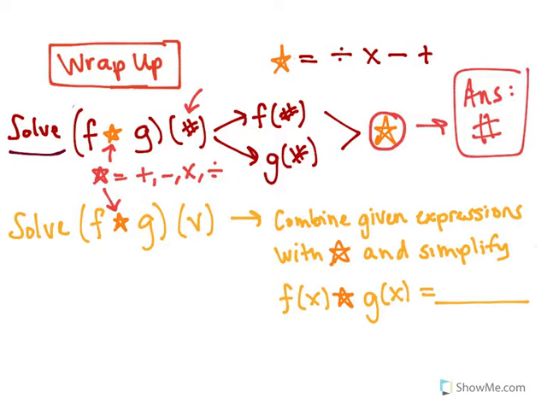On the other hand, whenever we are given a variable here, not a number, we're just going to combine the given expressions using the operation given and simplify. Our final answer will be an expression.